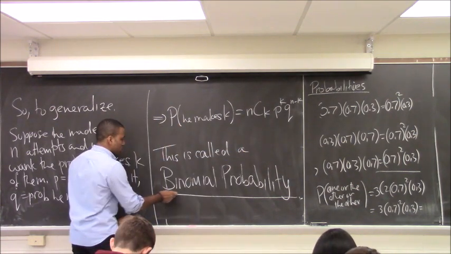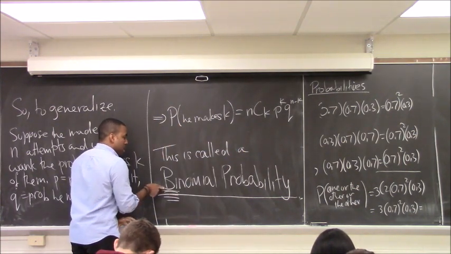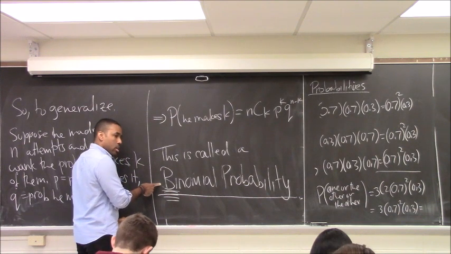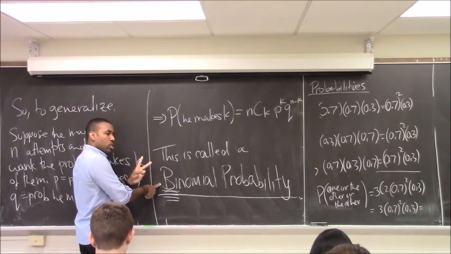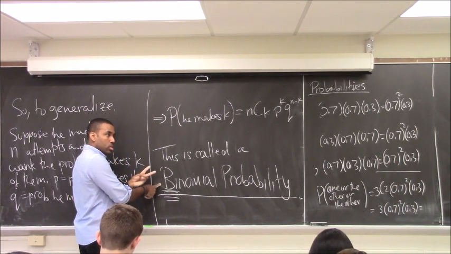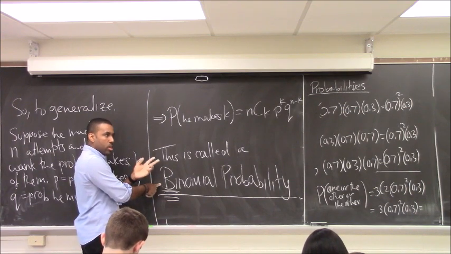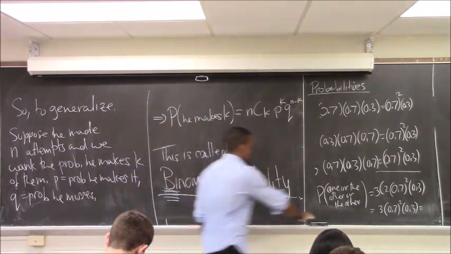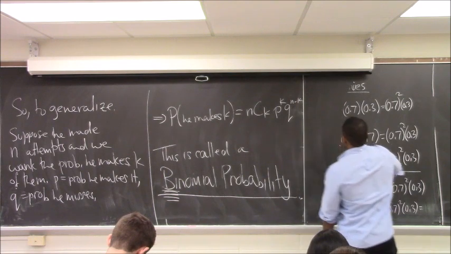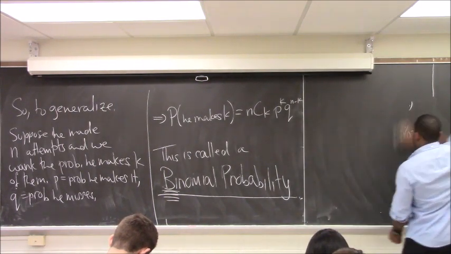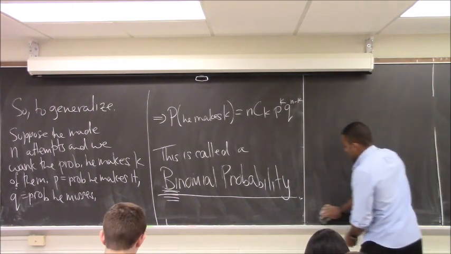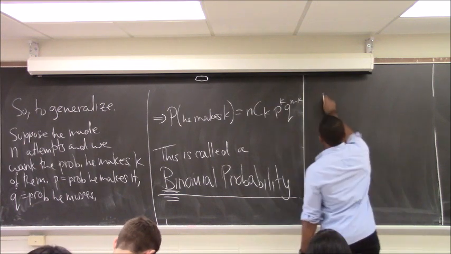Now the binomial situation, the bi is the root word here, which means 2. Basically, you're looking at an experiment where there are 2 options, which you think of as success and failure. So here's the situation. Here's how you can read a random probability problem and know that you're in a binomial situation.